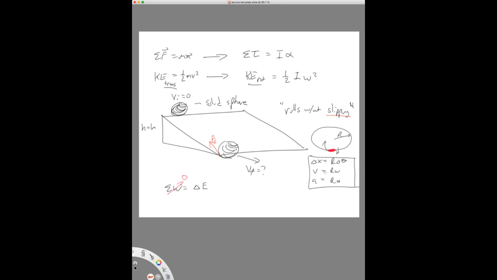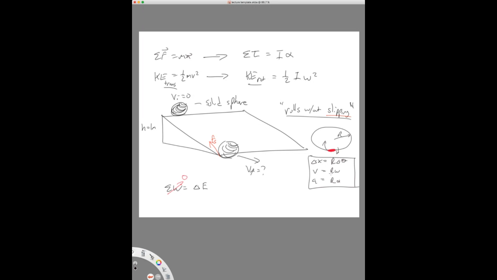Just imagine you're in the car in the winter, it's icy outside, you hit the gas, and the wheels could spin without the car going anywhere. So it's possible that there's an omega but no v. But if we have rolls without slipping, then whenever we have omega, we have v, and they're related by this relationship. Okay, so those are the two fine points that we need to be aware of.